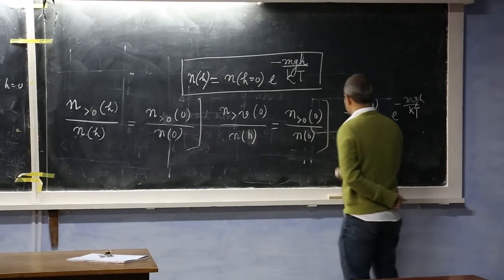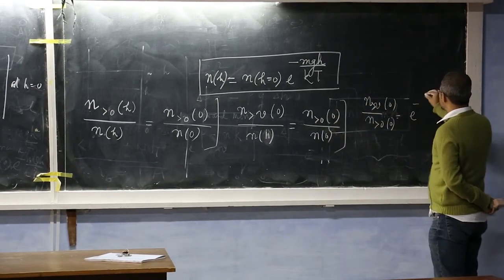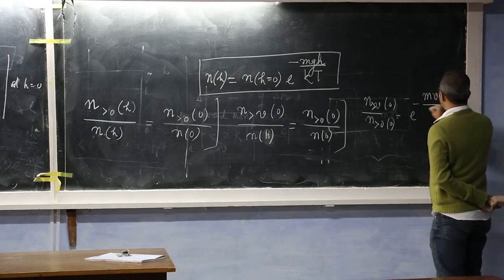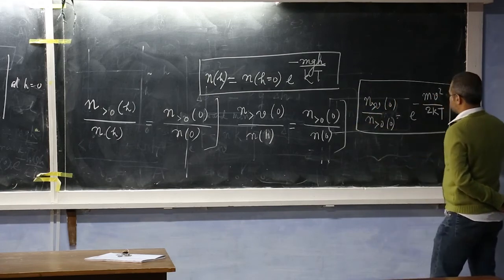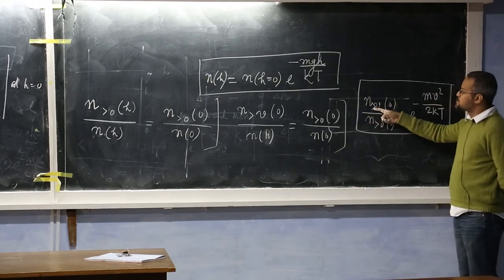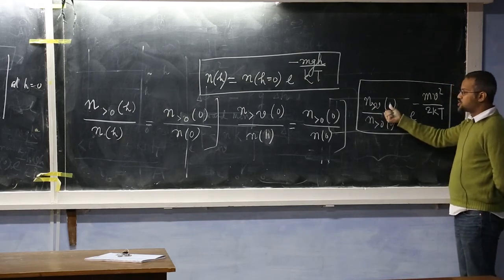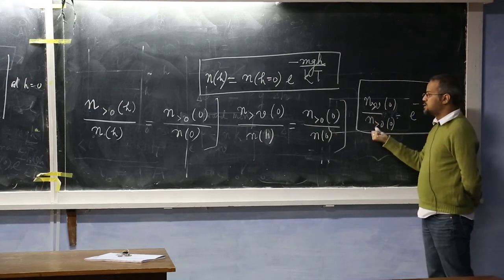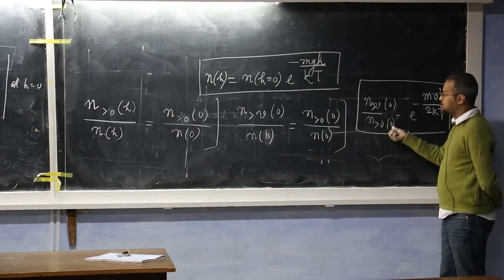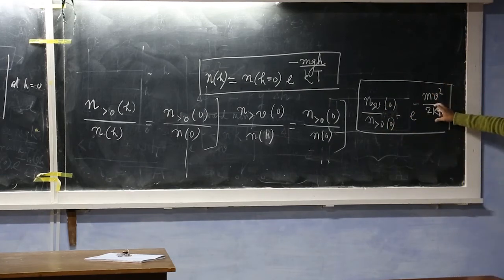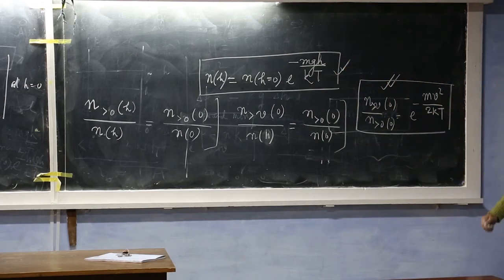So, this is a very important result, that this is equal to e to the power minus m v squared by 2kT. The number of particles moving with upward velocity v and higher at 0, divided by the number of all particles moving with velocity greater than 0 upwards at 0, is given by this factor. So, both of these forms are quite important.